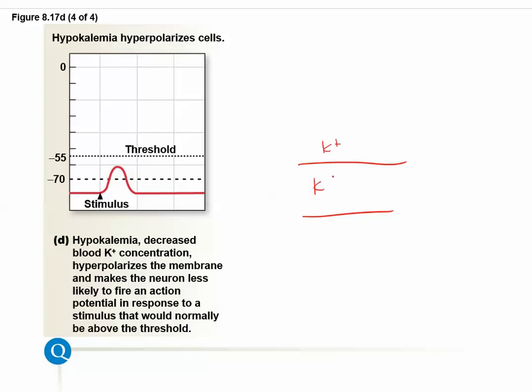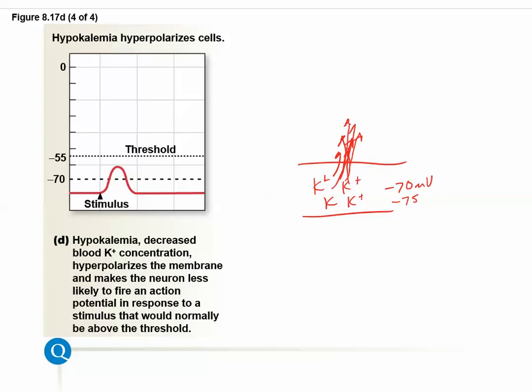Okay, so if you're used to that much potassium being out there, and all of a sudden your potassium levels get really low, this potassium is going to try harder. It's going to want to get out more, taking its positive charge with it, which means that if it was minus 70 millivolts, now it might be minus 75 because this potassium is going to leave the cell.